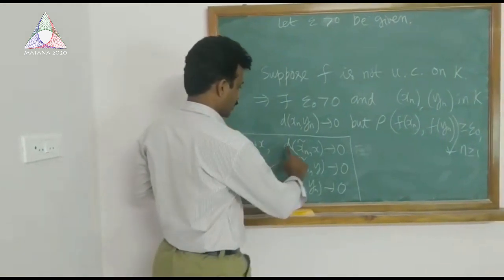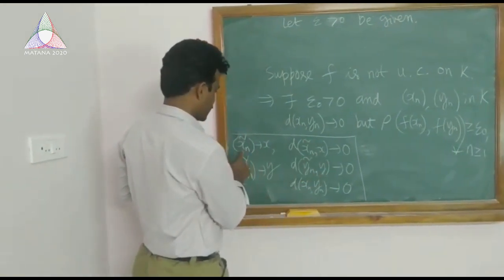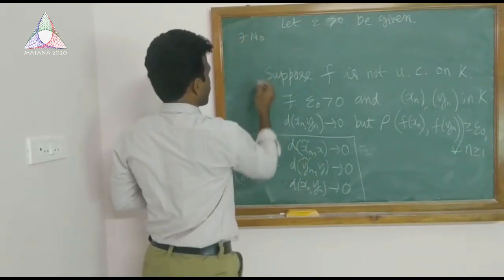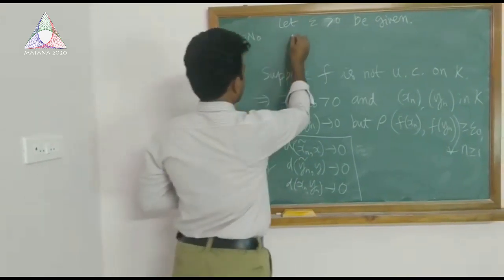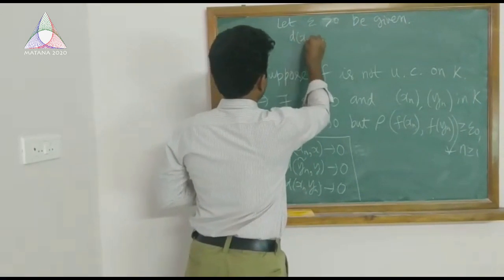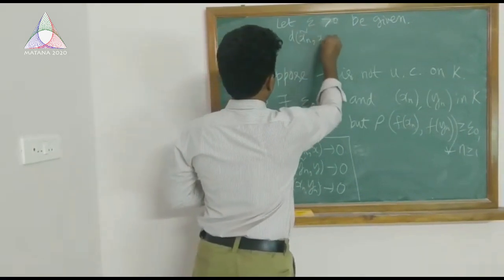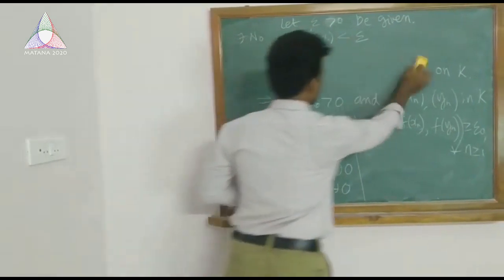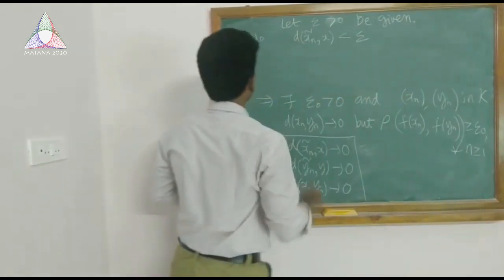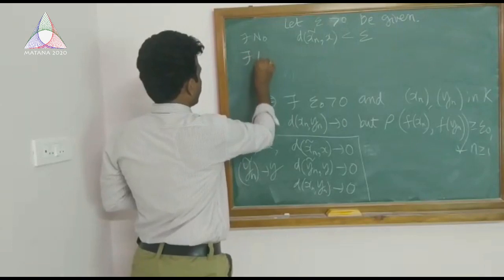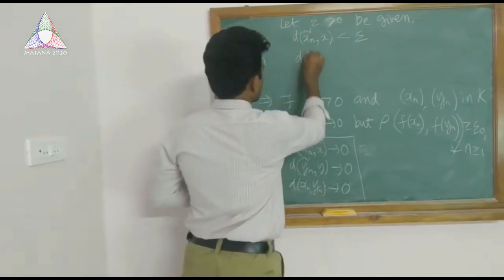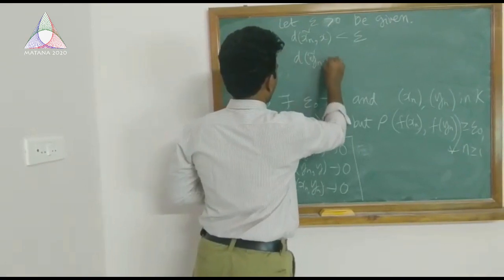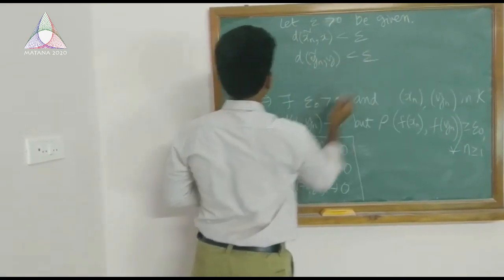Now I am using the convergence of the sequence xn tilde to x. There is a stage n0 such that d of xn tilde comma x is less than epsilon. Similarly, there is a stage n1 such that the distance between yn tilde and y is less than epsilon.